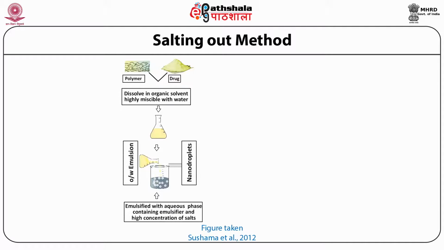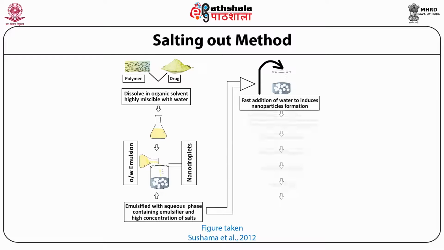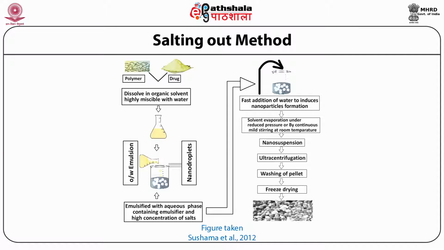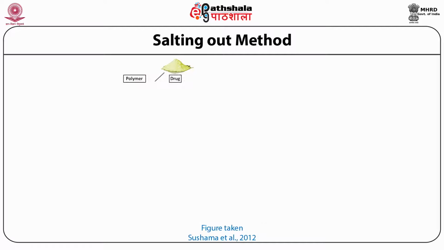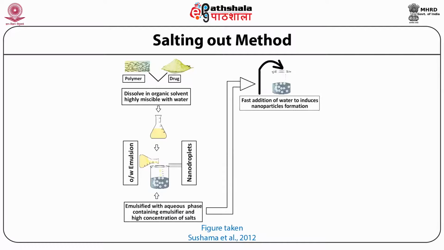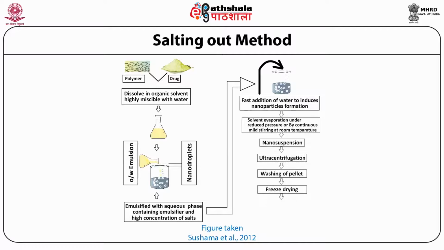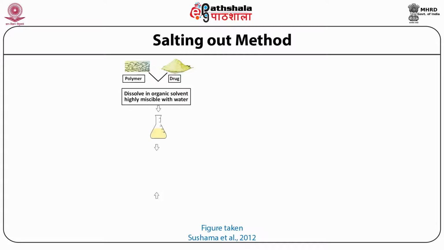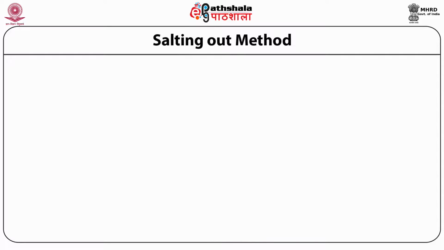The purpose of adding salt to the aqueous phase is to prevent solvent diffusion, which allows the emulsification under high shear stress, while addition of water reduces the ionic strength, which induces solvent diffusion resulting in nanoparticle formation.